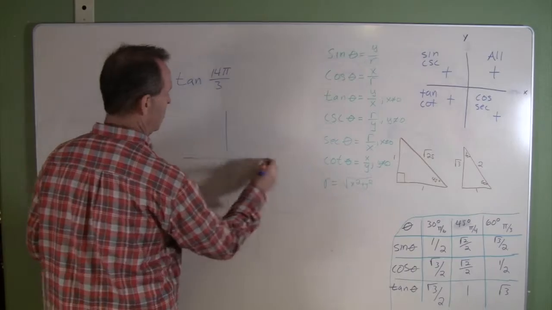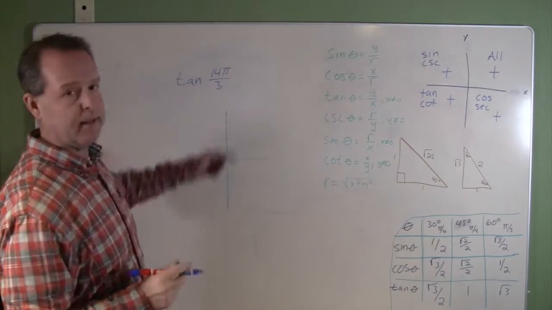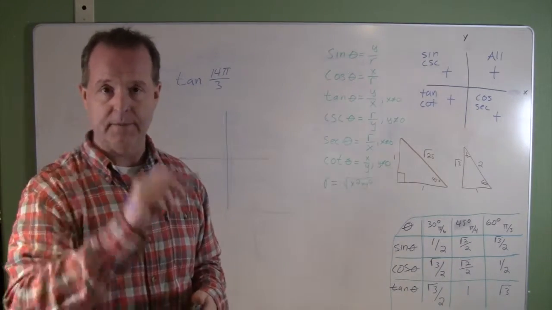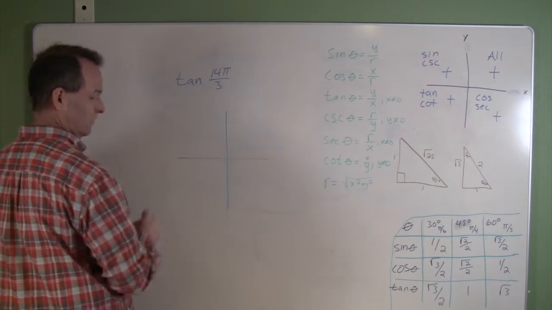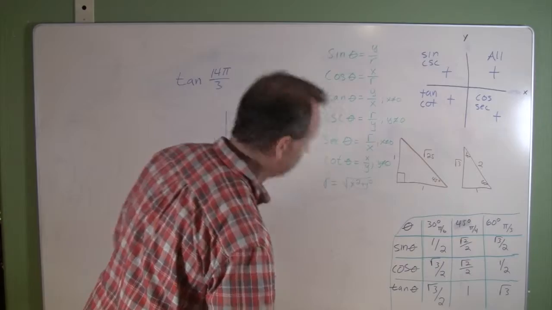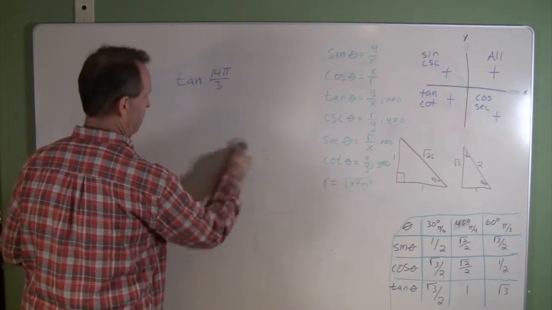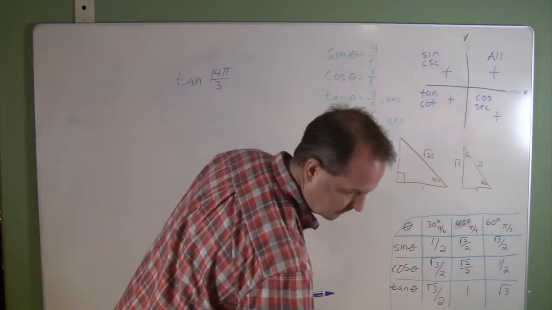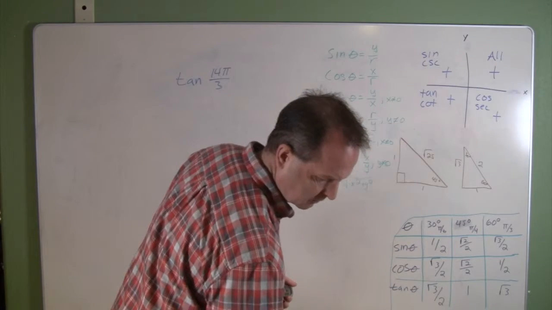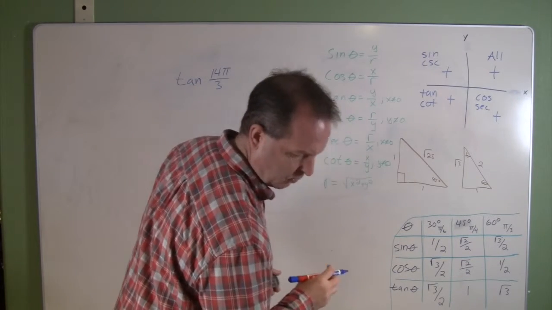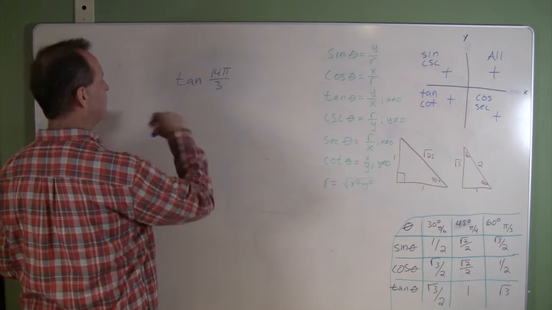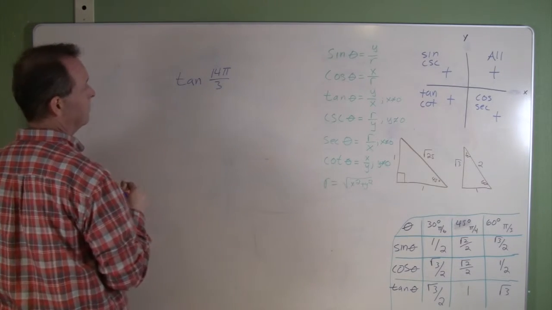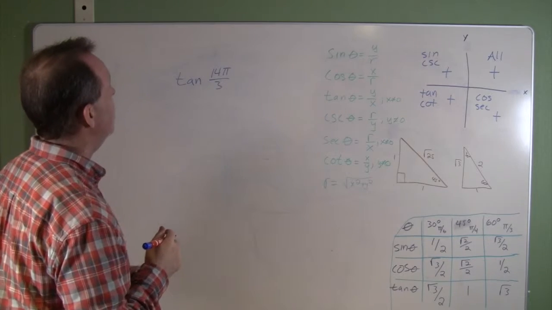So I don't really know where it's at yet. So let's eliminate some pi's from it, or some full circumferences. Let's take away 4 pi maybe.